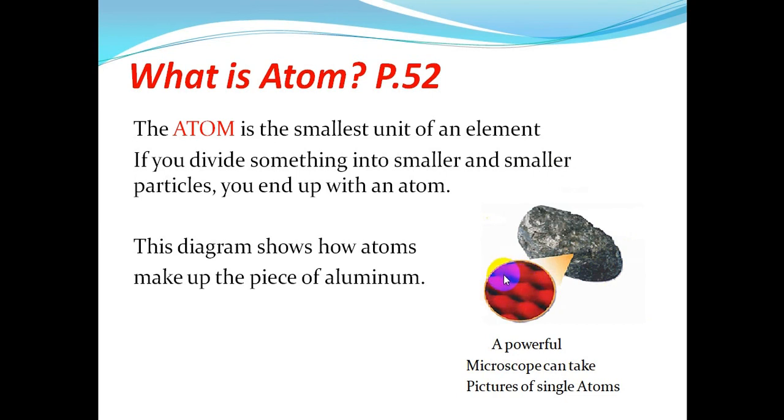Atoms are the smallest unit, the smallest particle, or the smallest pieces of an element or matter. If you divide something into smaller and smaller particles, you end up with an atom at the end. This diagram shows how atoms make up the piece of aluminum. So this piece of aluminum is made of millions of atoms, as we see in this picture.